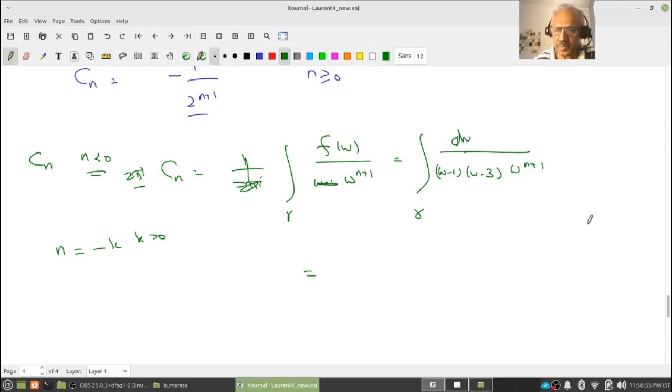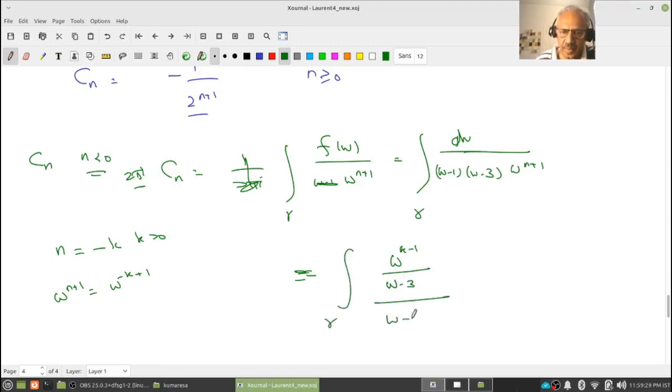And notice that the gamma, okay, gamma 1, the trick is, let us see. So what do I want? n, okay, therefore w power n plus 1 will be equal to w power minus k plus 1, therefore it is going to be w power k minus 1 by w minus 2, or gamma by w minus 1.